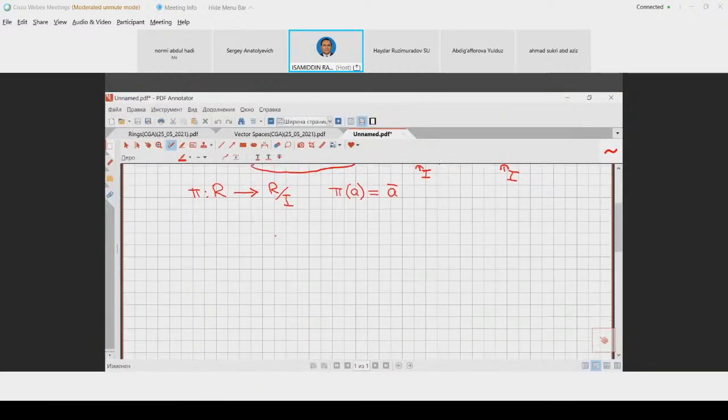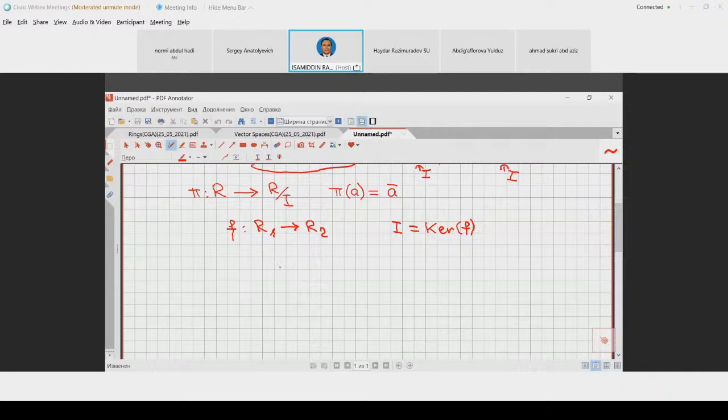Okay, now number 3, which I want to discuss: if I have a homomorphism F from R1 to R2, and take as I the kernel of this homomorphism, then, of course, I can consider the quotient ring with respect to this.